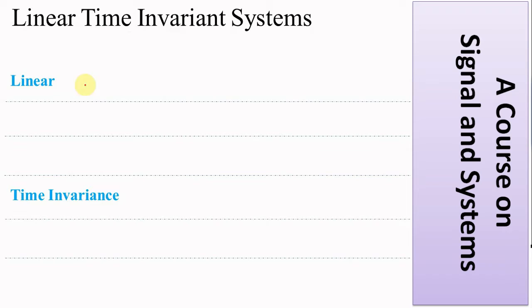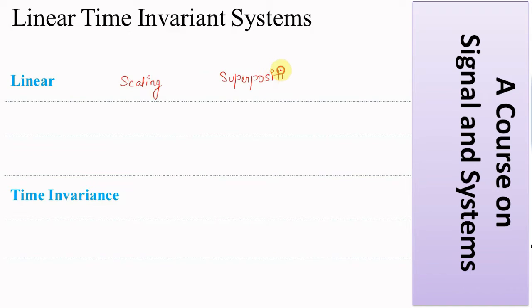Linearity, that is to say the system is linear, means that it follows the property of scaling and it also follows the property of superposition.